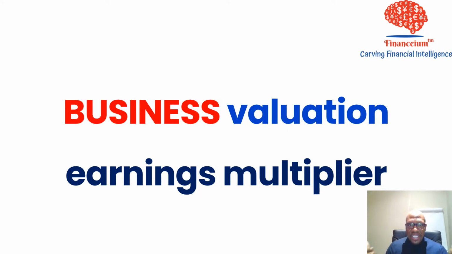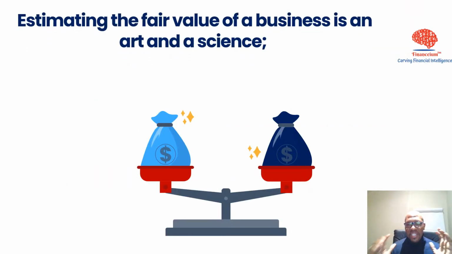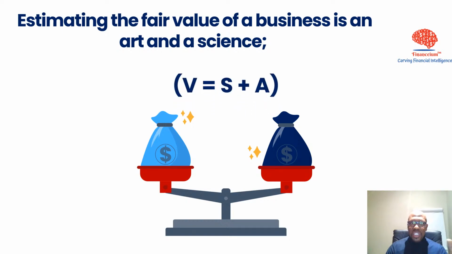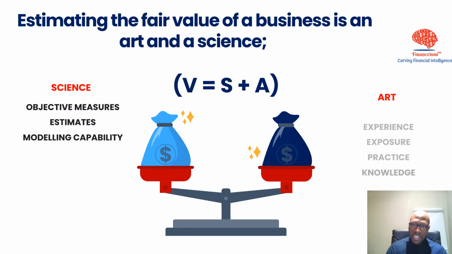Today we'll be looking at the earnings multiplier as a valuation model. A pretty sweet, short, straightforward model. It's not going to take much of our time. Now, just as a reminder, we've said valuation is both a science and an art, where the science is where we're looking at the objective measures, the estimates, and the modeling capacity or capabilities.